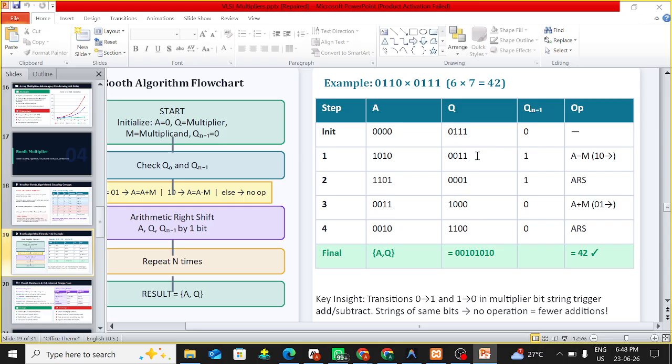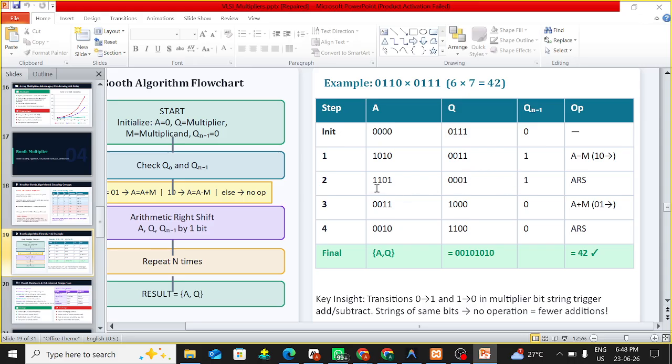After completing this first cycle, you need to do the second cycle, meaning the second iteration. Again, you need to check Q and Qn minus 1. Now you have both as 1. So no operation. Okay, no operation, only arithmetic right shift. Okay.